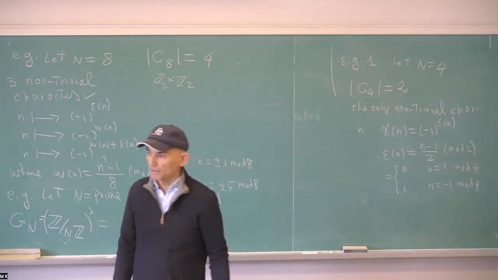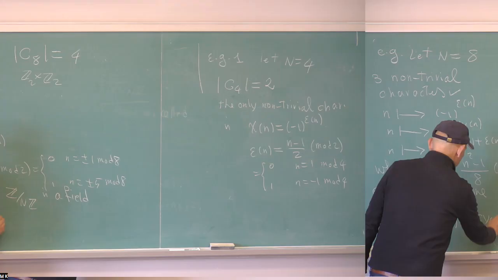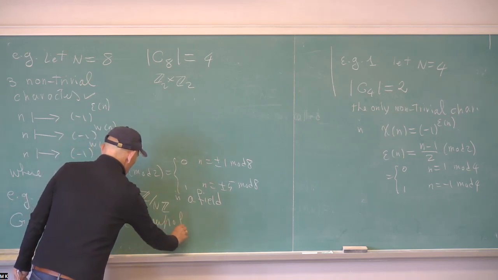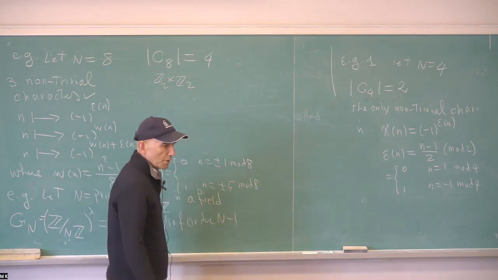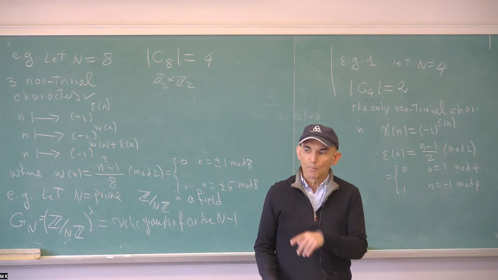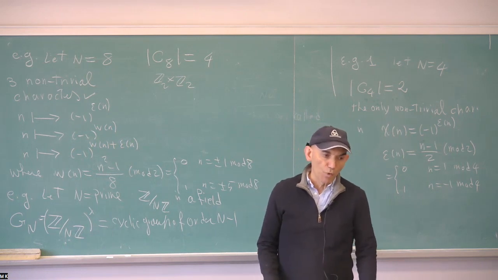You know that famous theorem. So this is a cyclic group of order n minus 1. So there's going to be exactly n minus 1 characters. And there is only one character whose square is 1.